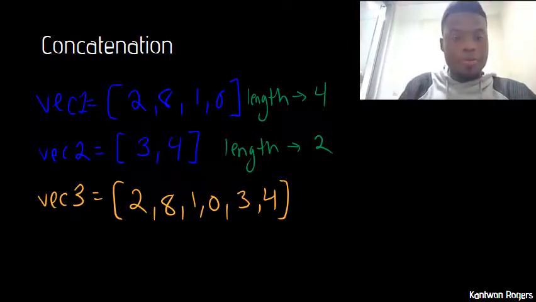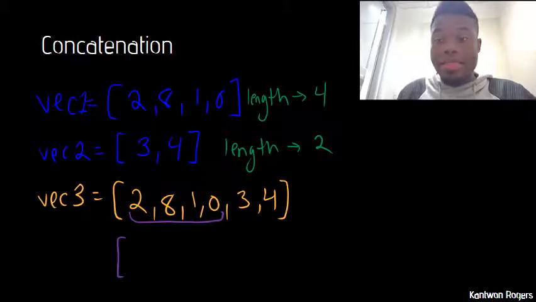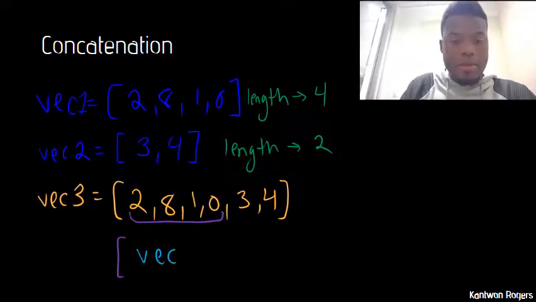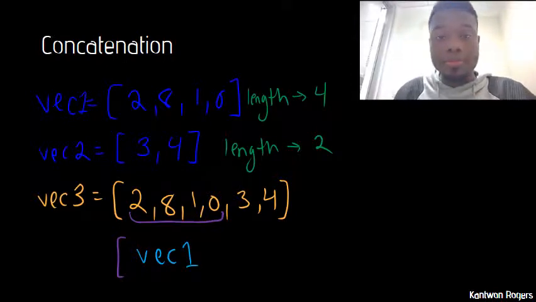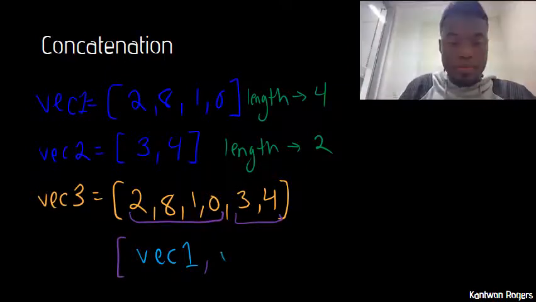So I could create this same vec3 by, so this part right here, that part right there is saved inside of our vec1. So I can just go ahead and say vec1, and I can concatenate that with vec2.